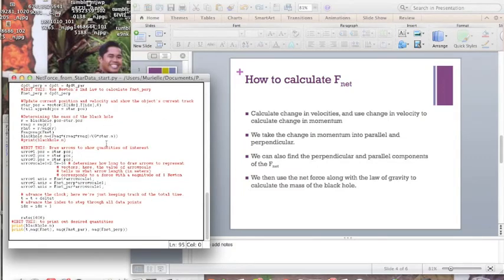We do this by manipulating the law of gravity. We must find the difference in the distance between the black hole and the star, find a magnitude of that, and make a unit vector.